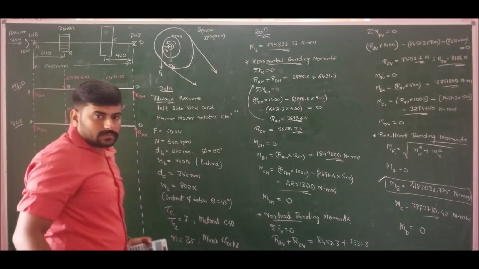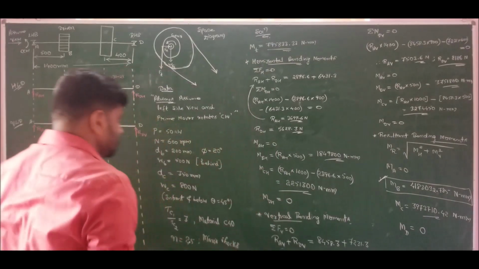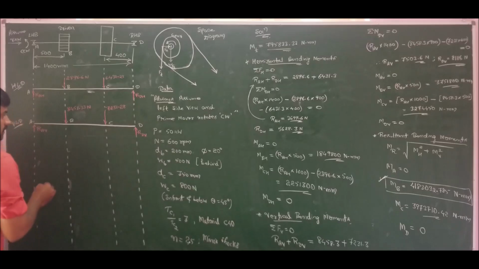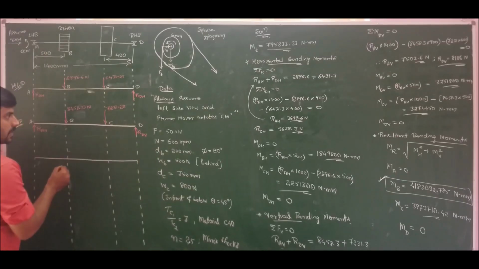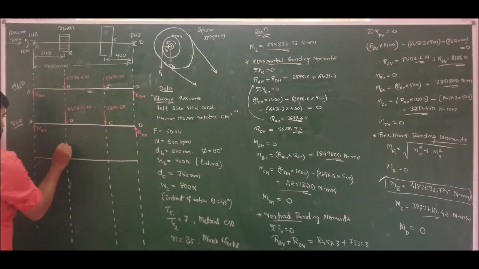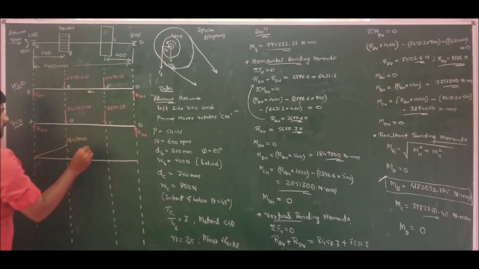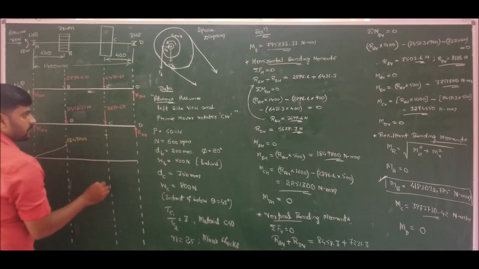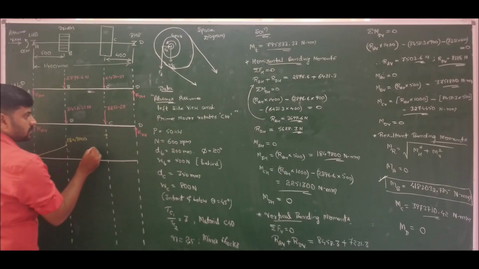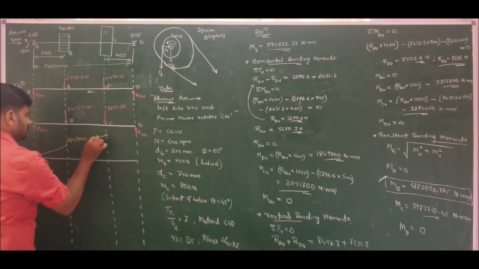So if I draw the bending moment diagrams, the horizontal bending moment will look like this: at point B we have 1849800, and at C we have 2251300.